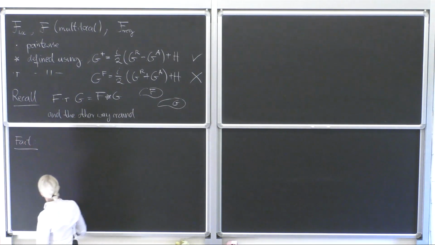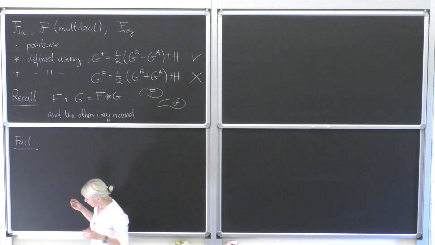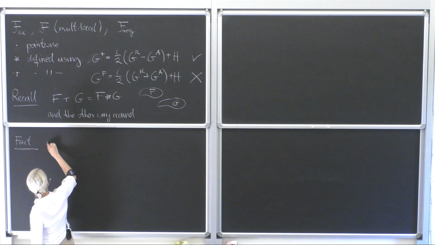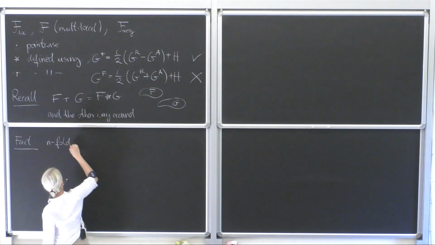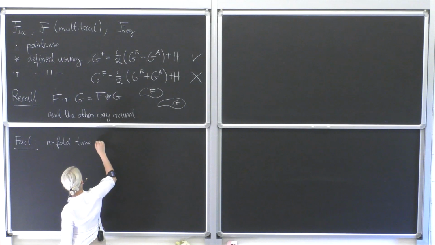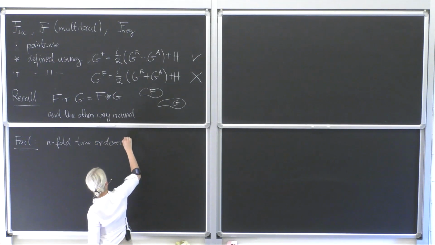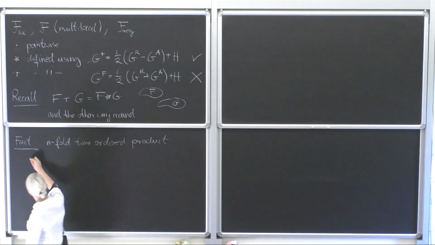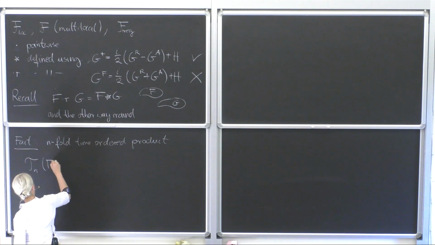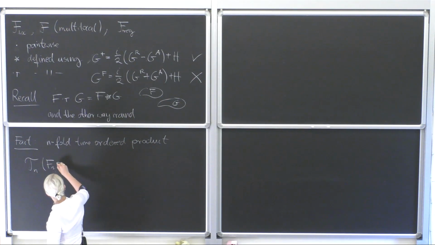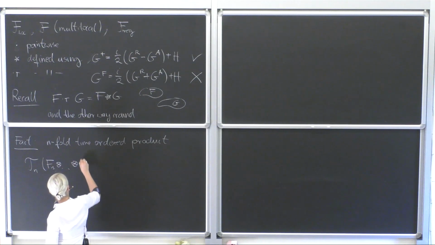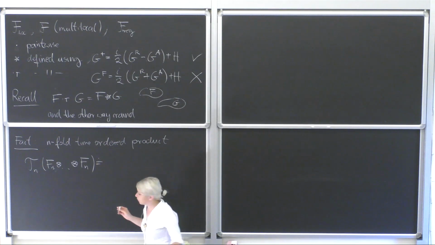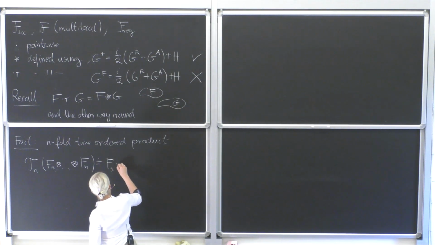You can also check this if you want to do some microlocal analysis in the afternoon. Let's take the n-fold time-ordered product, T_n, evaluated at a bunch of local functionals, F1 to Fn. This is defined as you think it is.